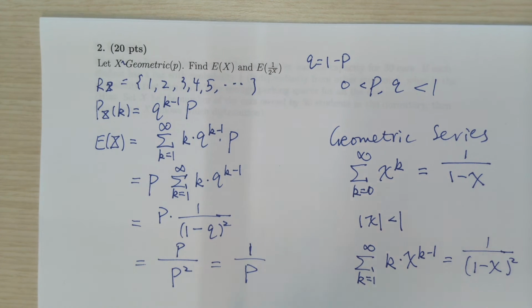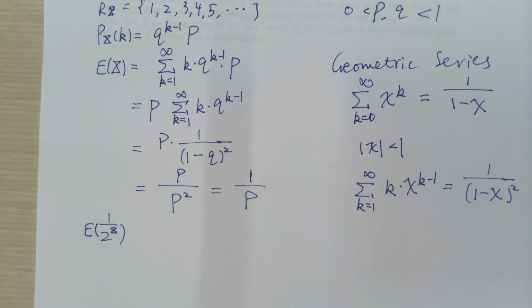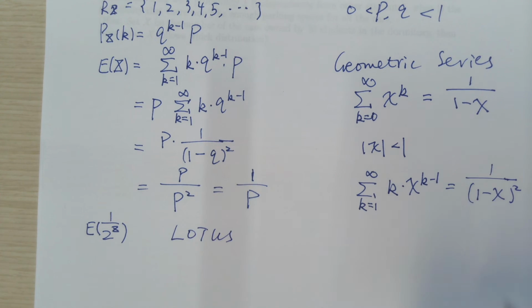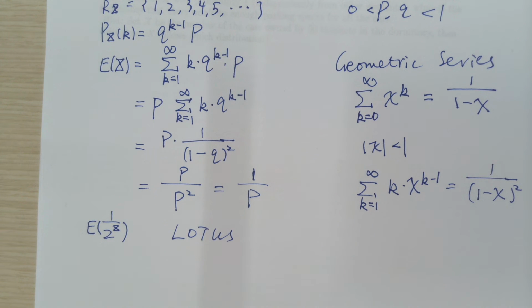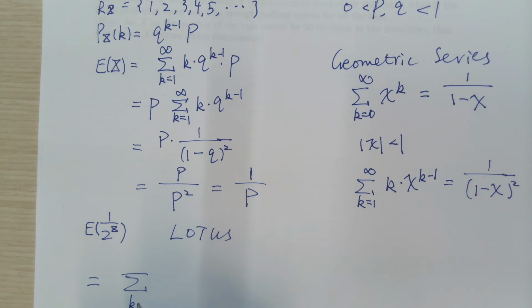So moving back to the second piece, we're looking for the expected value of 1 over 2 to the power of X. In this part, noticing that we're going to use the law of the unconscious statistician, short for LOTUS, in other words this expectation equals the sum k from 1 to infinity of 1 over 2^k times q^(k-1) times p.